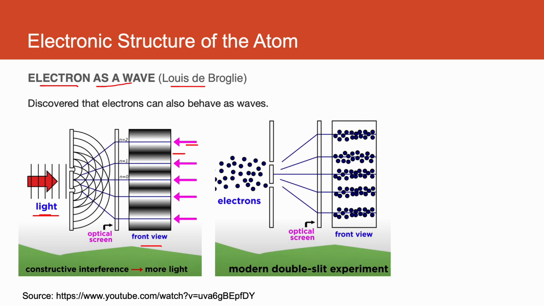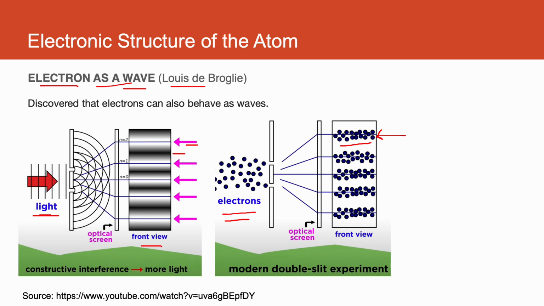This is an example of light behaving as a wave, but electrons, when experimented in the same environment, are also able to behave constructively, proving that electrons could behave as a wave, because there is a region where most of your electrons are seen.